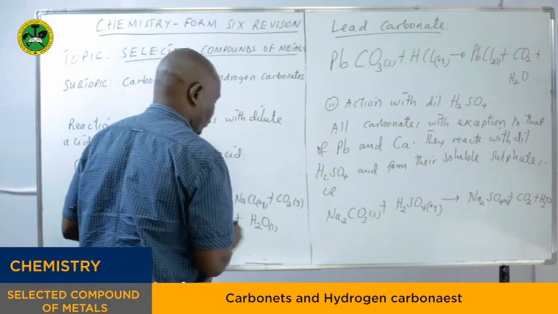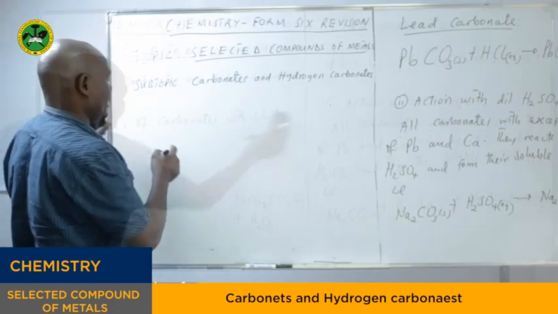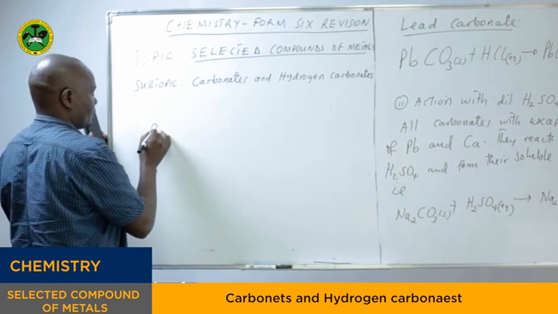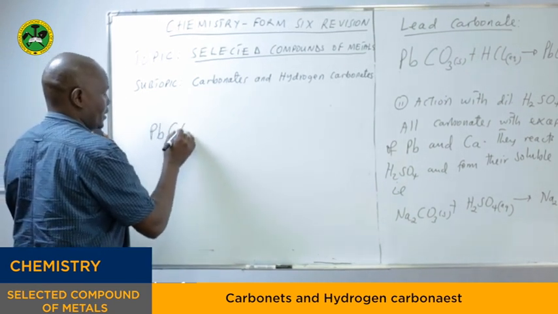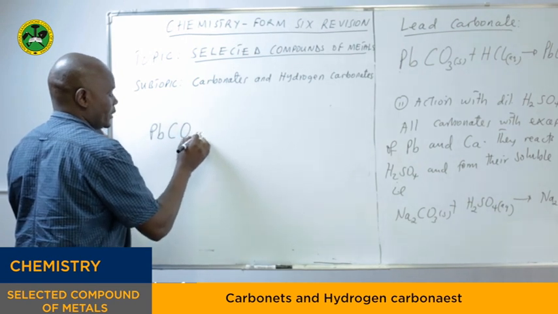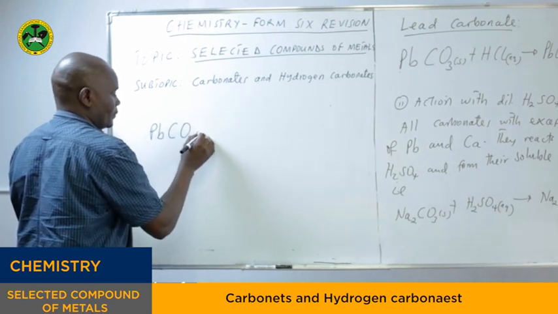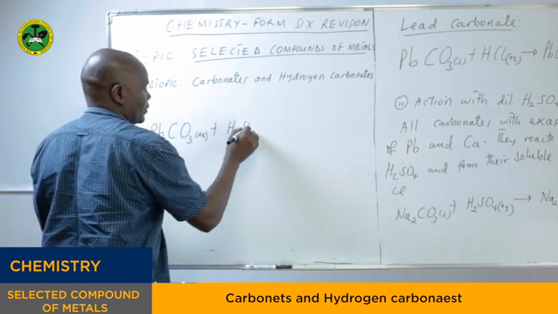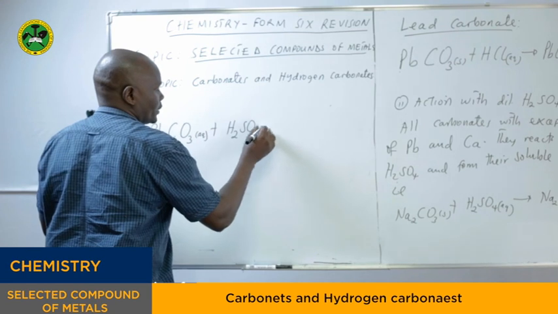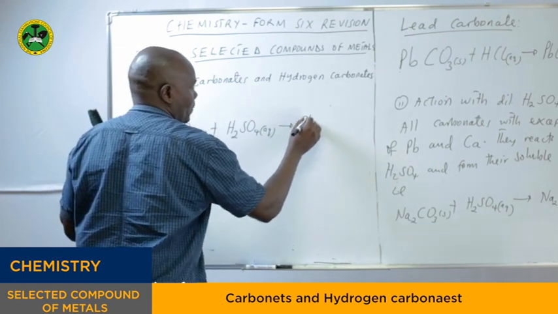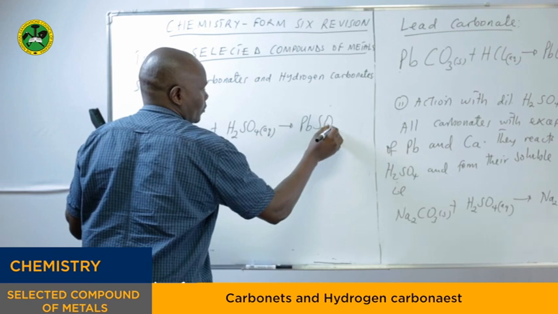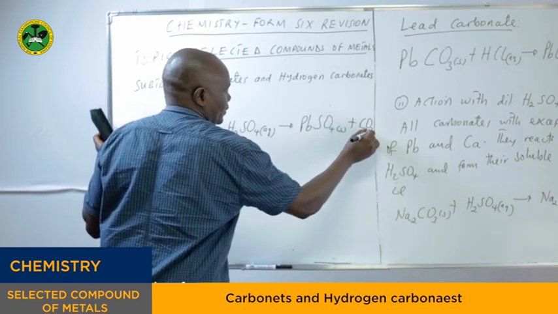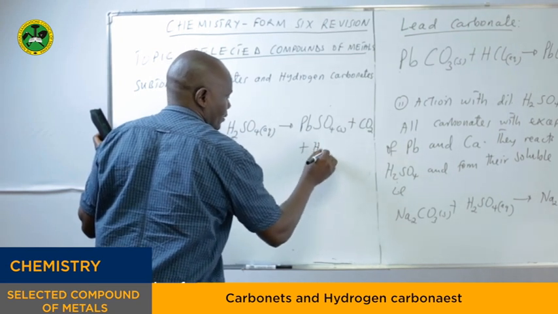But for the case of lead and calcium carbonate, lead carbonate, when treated with dilute sulfuric acid, results in the formation of lead sulfate, which is solid, plus carbon dioxide plus water.